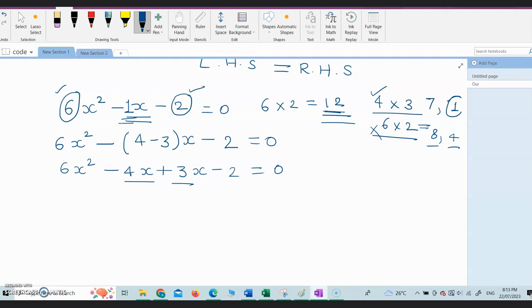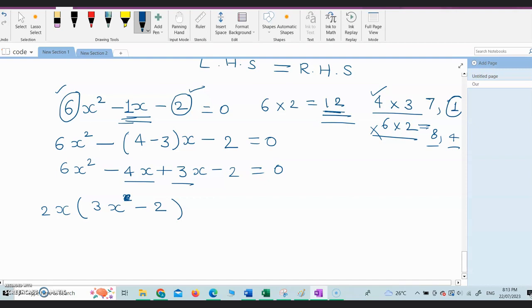So we will now take the common from these first two terms. So 6x square and 4x. If I take common, it will be 2x. So it will be 3x minus 2, because I took 2x out. So basically we are dividing it.